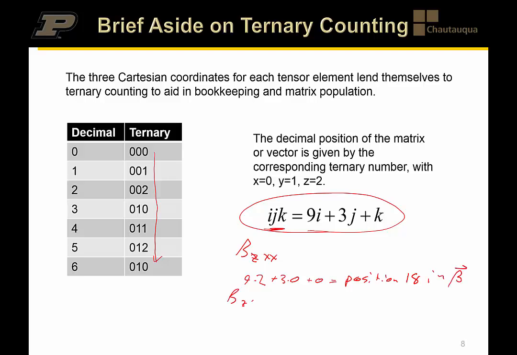And beta ZZZ should end up being 26. Let's convince ourselves of that. There will be 9 times 2 plus 3 times 2 plus 2. And sure enough, you add those up, and that corresponds to position 26. So we have 2 non-zero terms, positions 18 and 26 in beta.